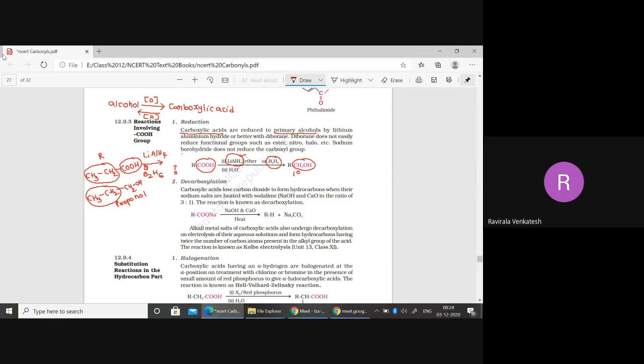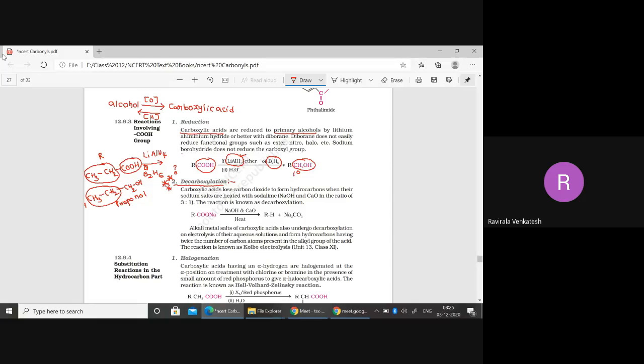Next, we go to the decarboxylation reaction, which is a very, very important reaction for us. All of you make notes. Write in your notebook by taking this example: propanoic acid converting into ethane.